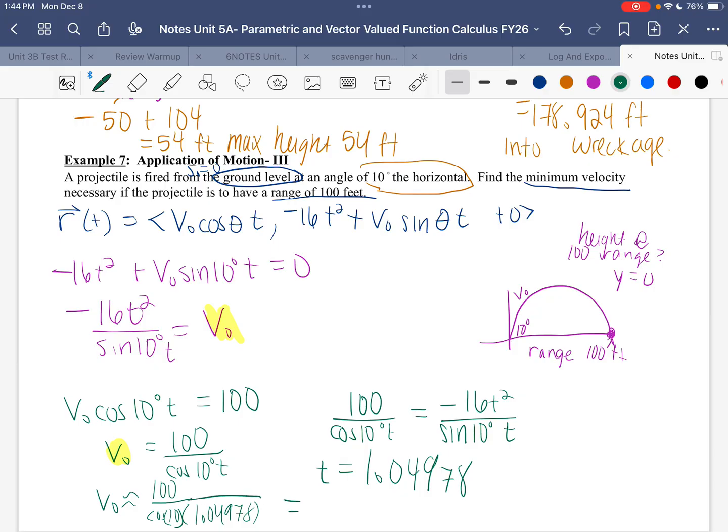You're going to get 72.57 velocity, in feet per second. Okay, and that's that.